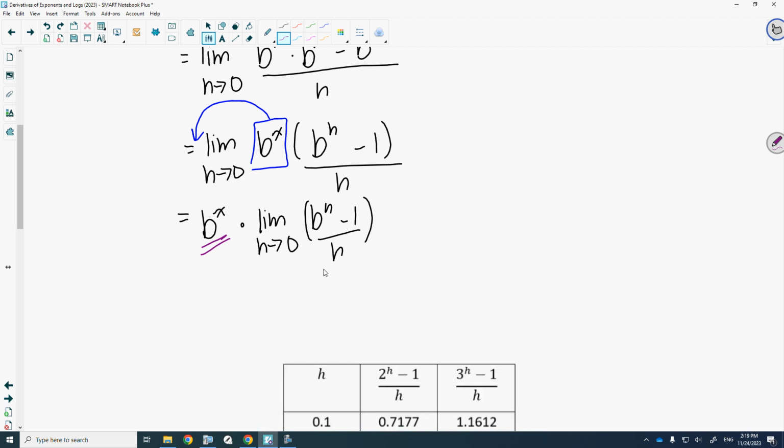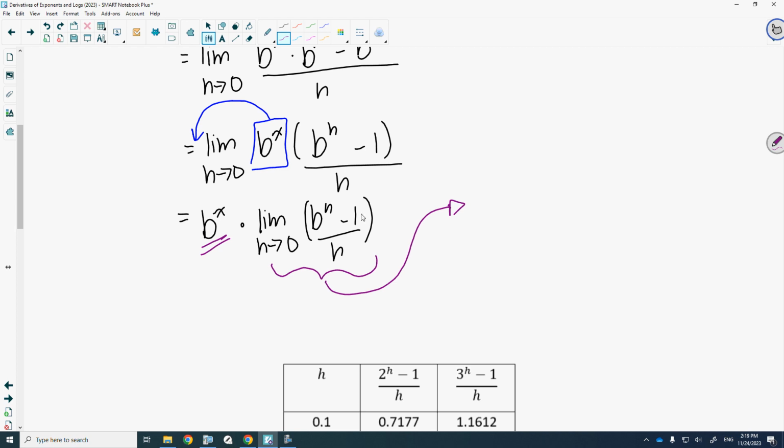Okay, so what's happening over here? This portion is going to be unique for every value of b. So this is going to be a calculable number depending on what the base is. We're going to get a different number if the base is 2 versus if the base is 3 versus if the base is 4.